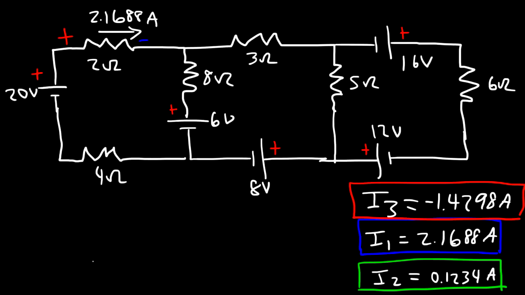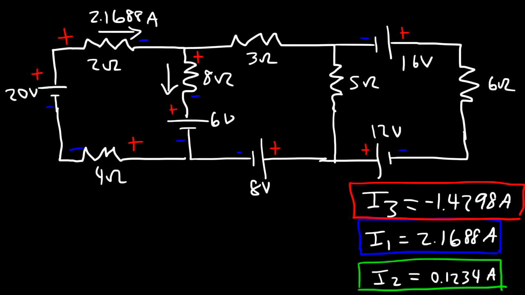Now I2 is flowing through this resistor, and because I2 is positive, we have the right direction, and I2 is 0.1234 amps, which we can write later. But we know this is the positive terminal of the resistor, and this is going to be the negative terminal of the resistor. Now I1 also flows through the 4 ohm resistor in that direction. So therefore, this side is positive, and this side is negative.